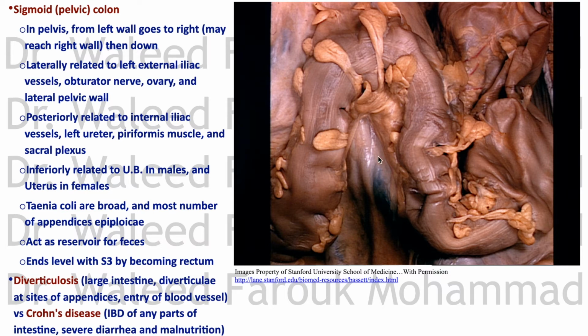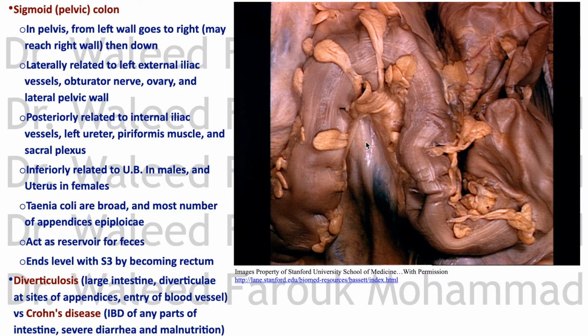There is a condition called diverticulosis that affects the large intestine, where diverticuli form inside at the sites of entry of the blood vessels. So the appendices epiploicae are to the outside and these diverticuli to the inside.